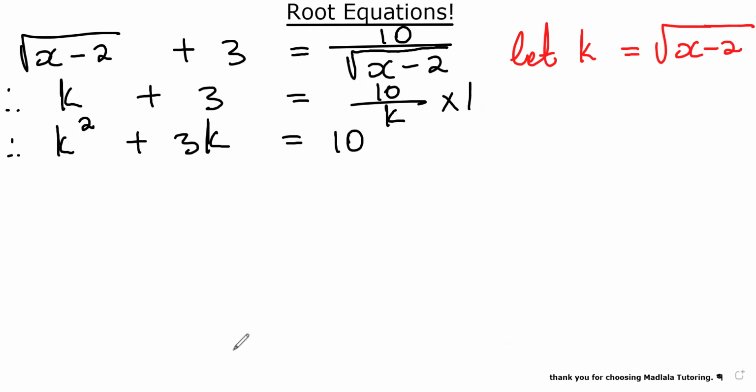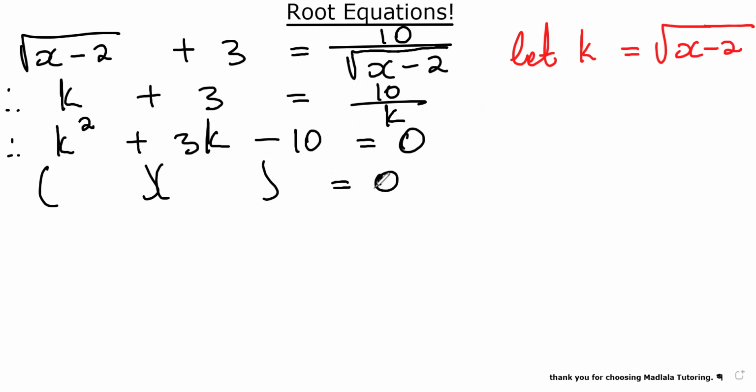But then right away, I want to write this in standard form because I can see that it's a quadratic equation. So I'm going to take my 10 to the left and it becomes negative. Then I can now factorize my quadratic equation: these are the factors of 10 that add up to 3.